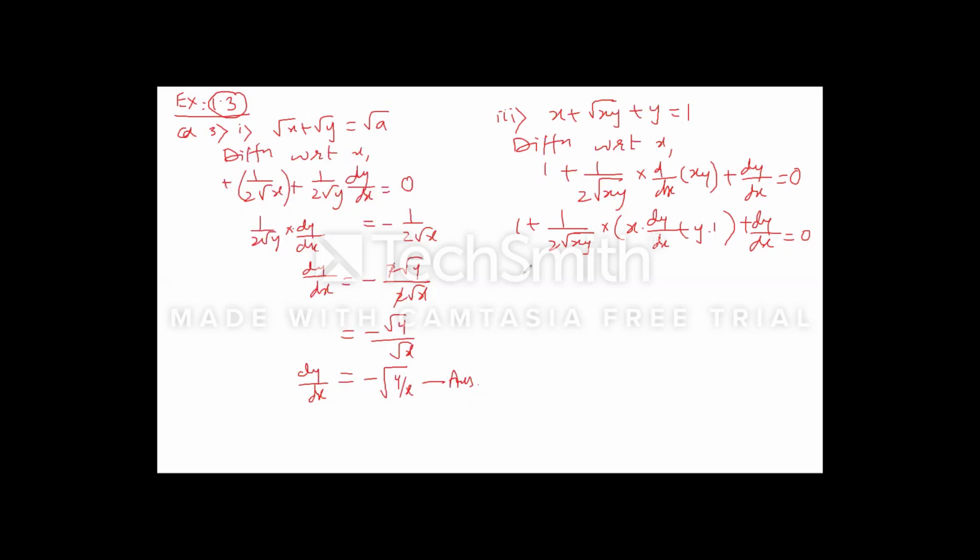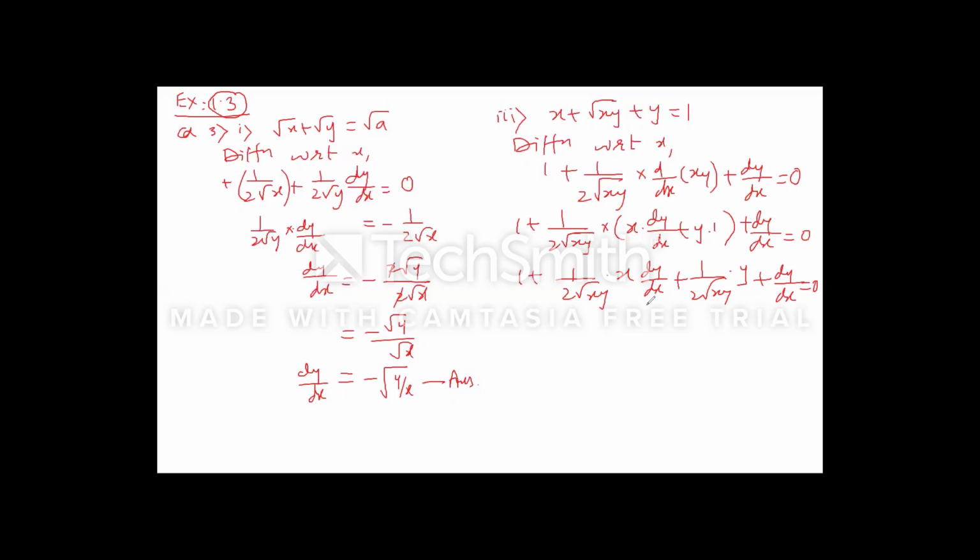Let's solve this. 1 plus 1 upon 2 root xy into x dy by dx, plus we multiply by 1 upon 2 root xy in the bracket: 1 upon 2 root xy into x, and 1 upon 2 root xy into y, plus dy by dx as it is, 0 as it is.